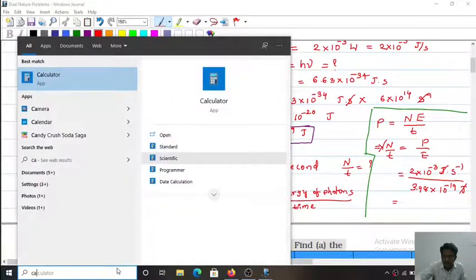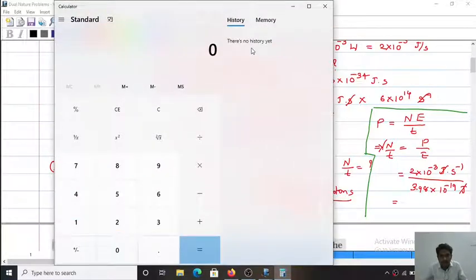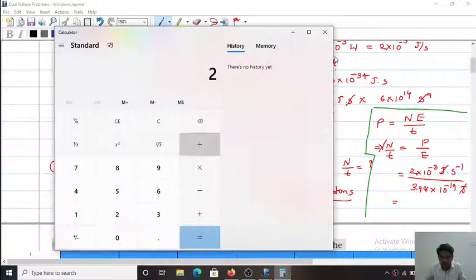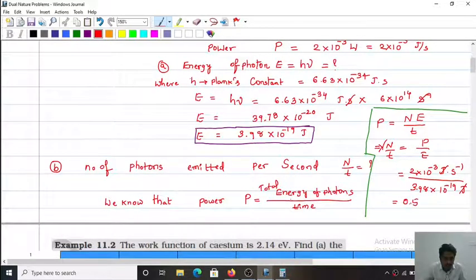So I'll use the calculator here. What is the value: 2 divided by 3.98 is approximately 0.5. Into 10 power, minus 3 minus minus 19, so we will get 10 power of 16.